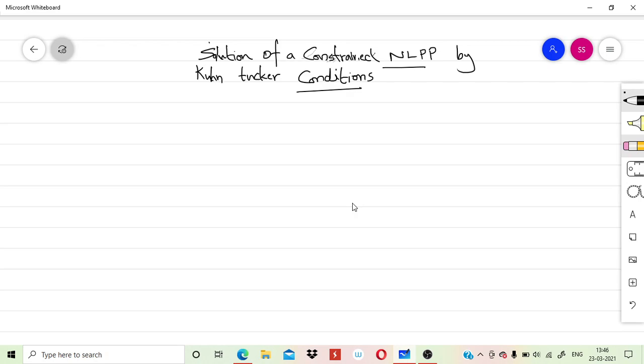You might have known that from the previous classes, and before getting into this solution using Kuhn-Tucker conditions, we have the standard form of a constrained nonlinear programming problem.